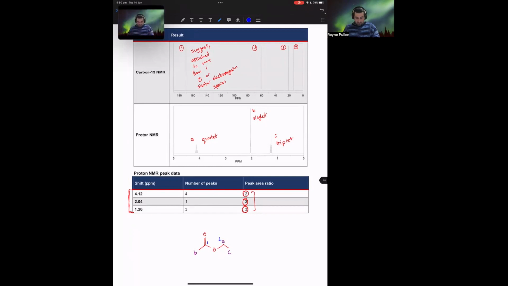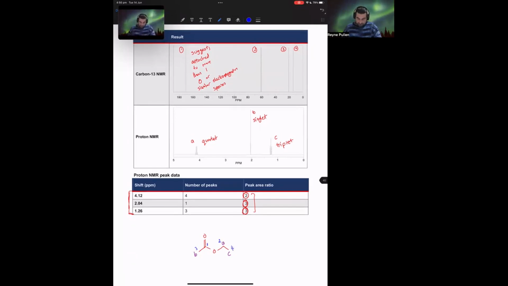So my suggestion would be that the carbon to the leftmost is going to be peak number 3. My reasoning is that it is closer to that ester functional group than the opposing side over here. So it's likely to be a little bit more downshifted. That would be how I would rationalize which of those peaks is which.